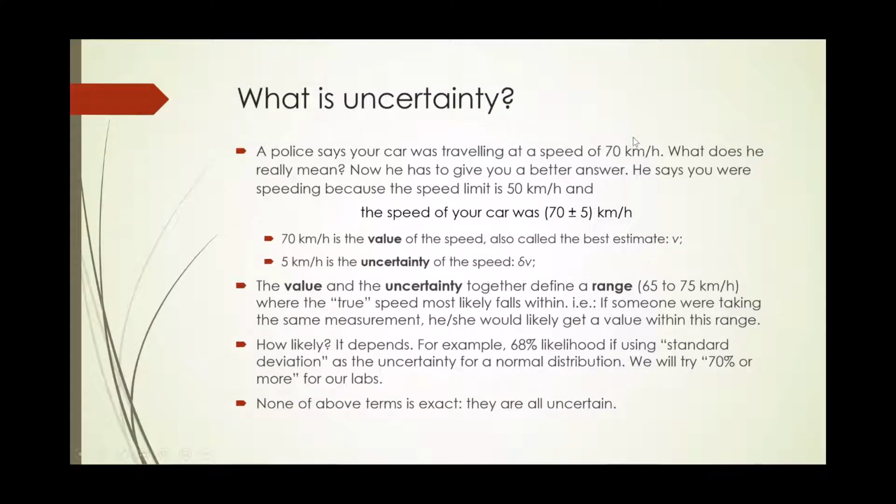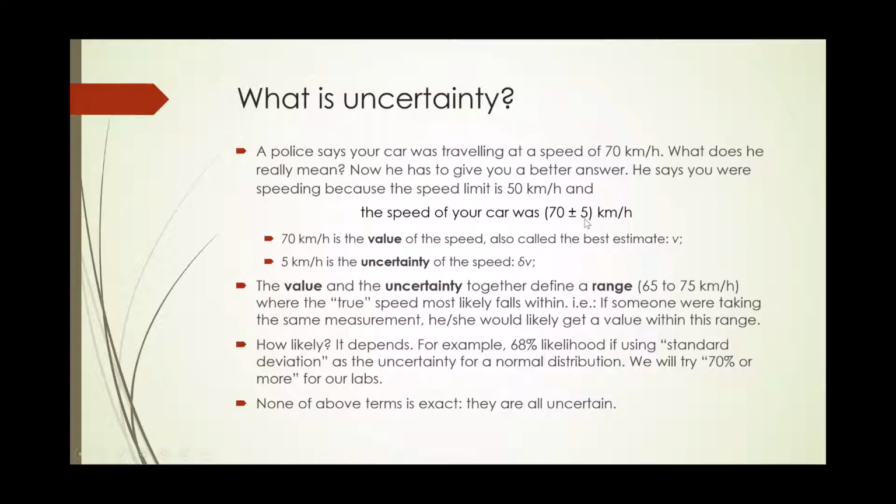So what is uncertainty? When you see a measurement like we're showing here, 70 plus minus 5 kilometers per hour, we say 70, the number in the middle, is the best guess of the speed of the car, or we sometimes call it the value.